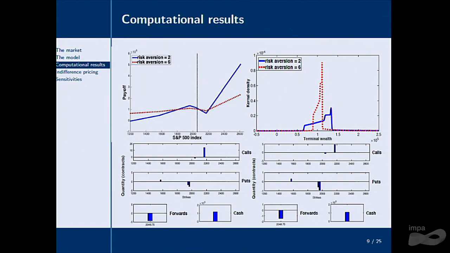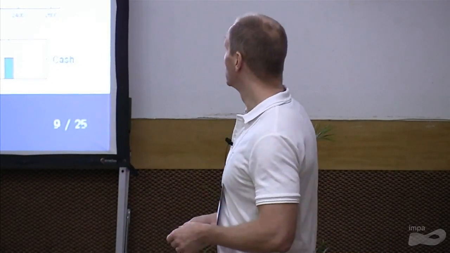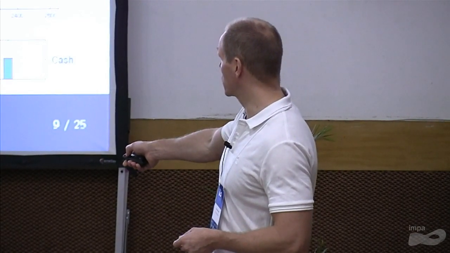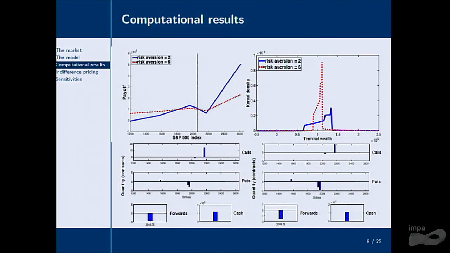When you do have bid-ask spreads, your solutions tend to be sparse. Like in most assets, you take 0 positions. For puts, you take 2 short positions, 1 long, and then there's something in the forward, something in cash, and that's it. So what do you have? 1, 2, 3, 4, 5, 6, 7 non-zero trades. We had hundreds of options available, but we don't care about most of them.